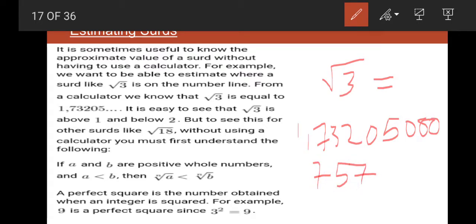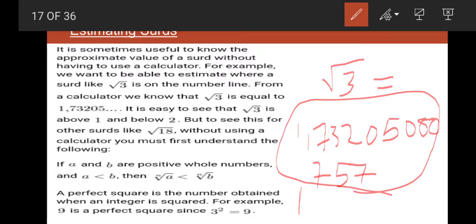So if we punch the square root of 3 in the calculator, we will get this decimal. And it is easy to see that this decimal lies between 1 and 2 on the number line. So the square root of 3 lies between 1 and 2. It's easy for us to see.